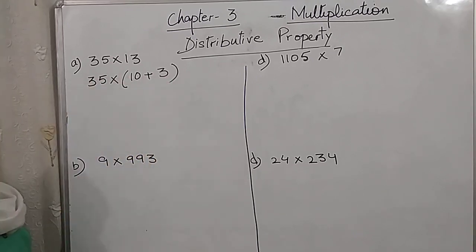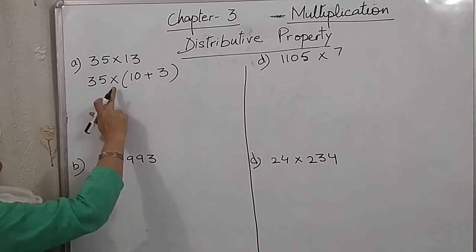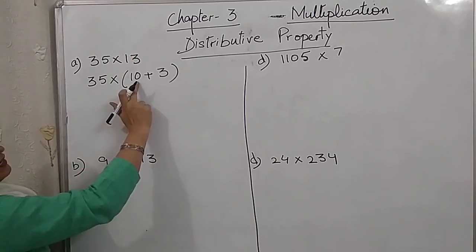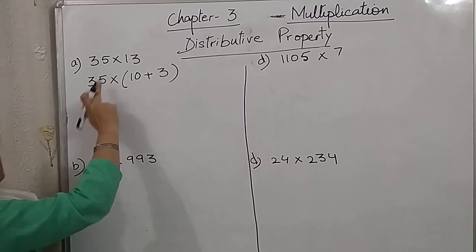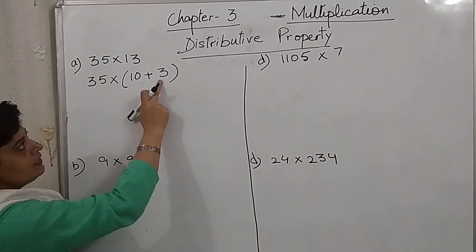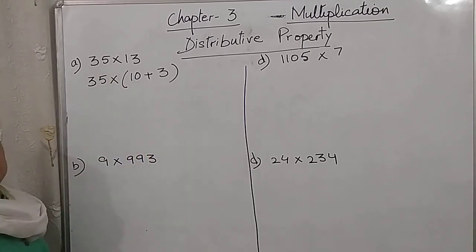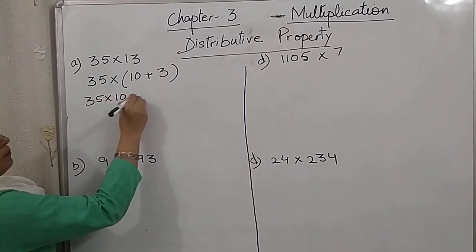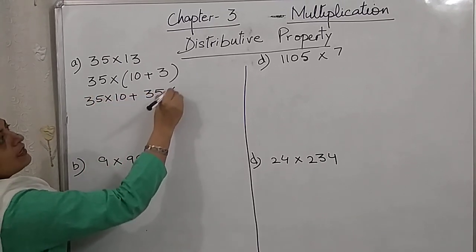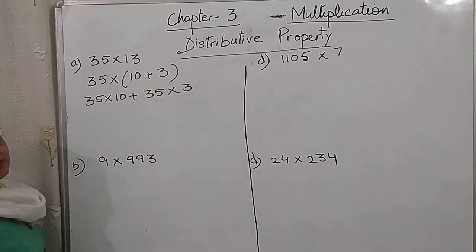Now 35 multiply by, in the bracket 10 plus 3, means that we have to multiply 35 with both 10 and 3, and the sign of addition will come in between. So 35 multiply by 10 plus 35 multiply by 3.